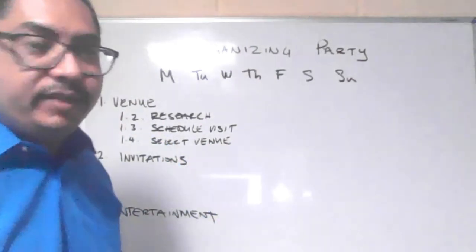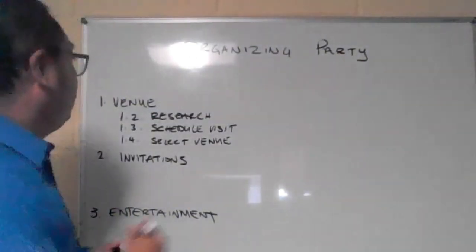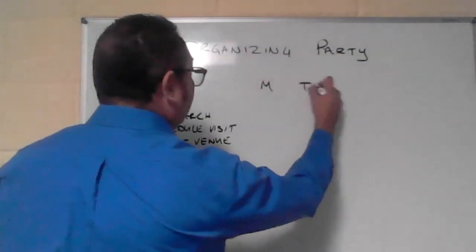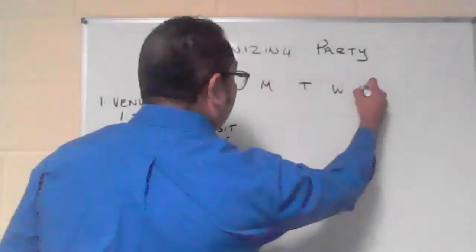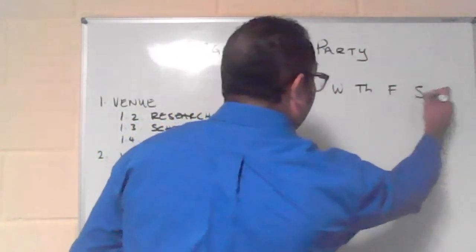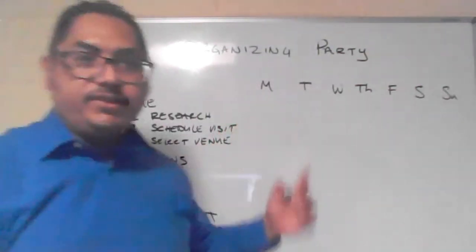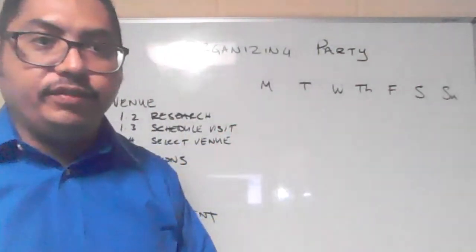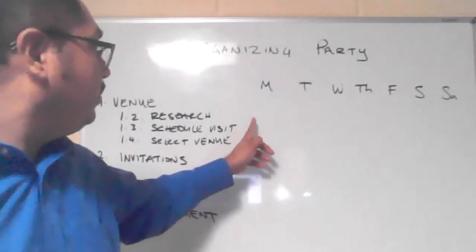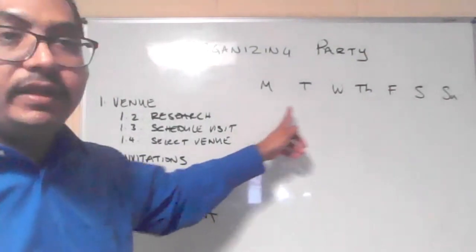So let me fix my chart a little bit. So let's say to research the venues, we allocate 2 days. And so we would take the research and take 2 spaces, Monday and Tuesday.